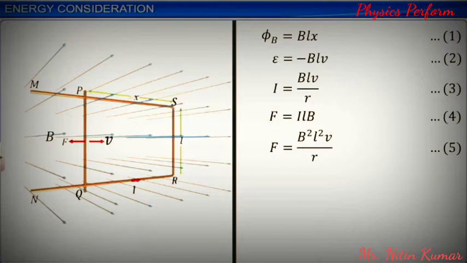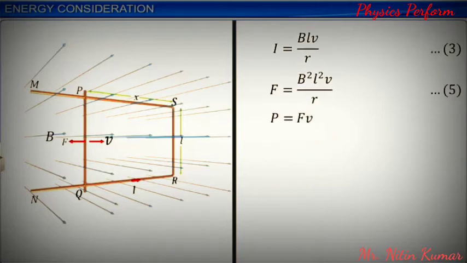If we need to maintain uniform velocity for the arm PQ, we need to apply a constant force F in the direction of the velocity. The applied force must be equal in magnitude and opposite in direction to the magnetic force. Thus, the power required to push the arm PQ along the rails is given by the equation P is equal to Fv.